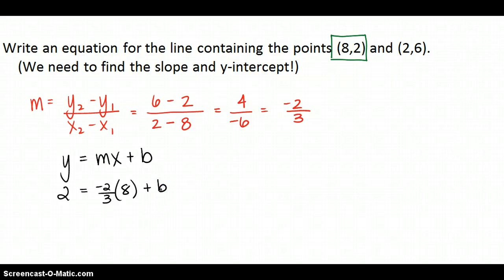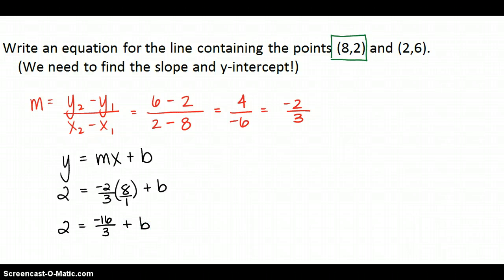So I need to go ahead and simplify. When I'm multiplying fractions, I'm going to make the 8 into a fraction by placing it over 1. And then we know that when we multiply fractions, we can multiply straight across. So that gives me a negative 16 over a positive 3 plus b.